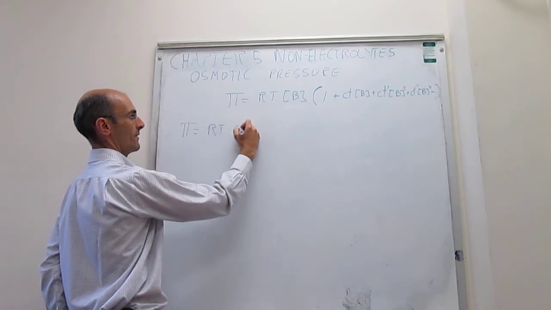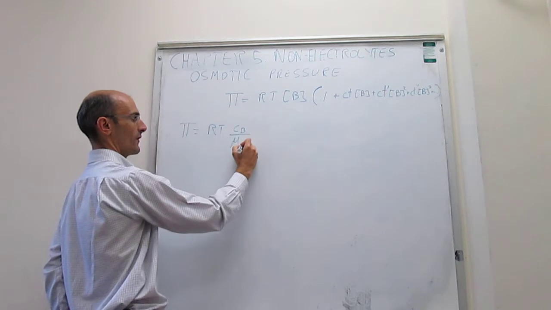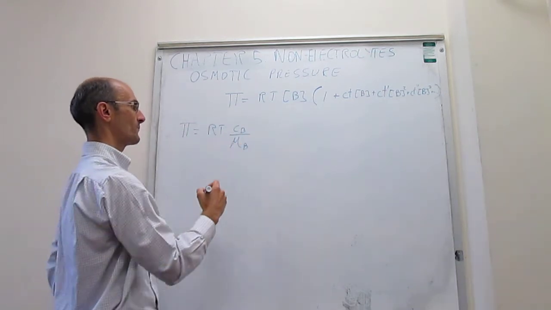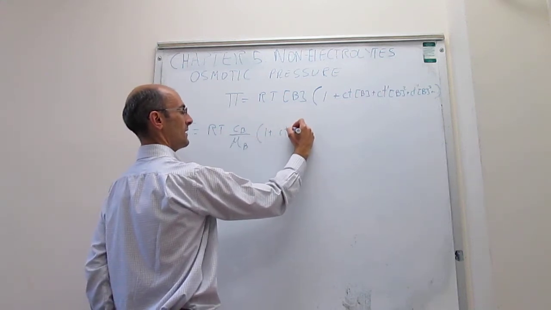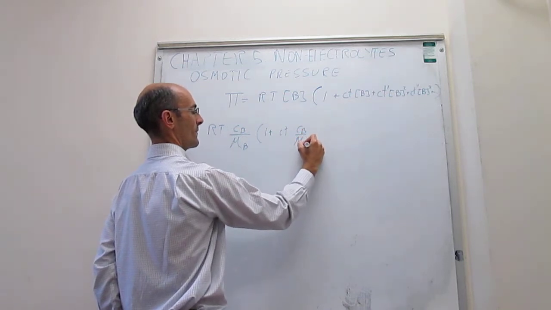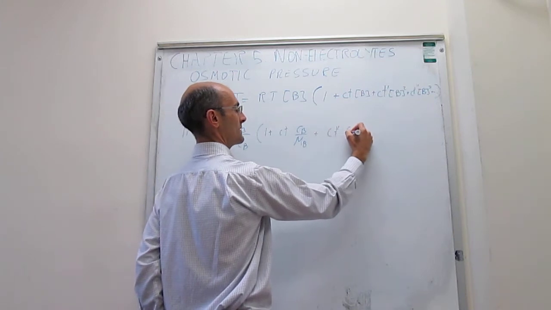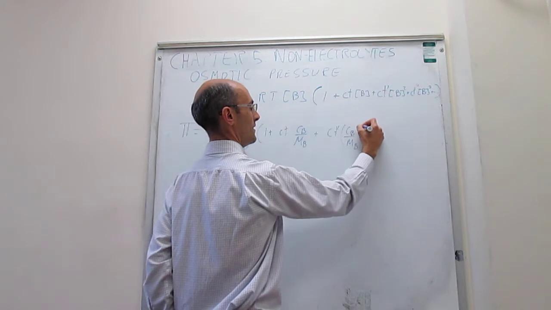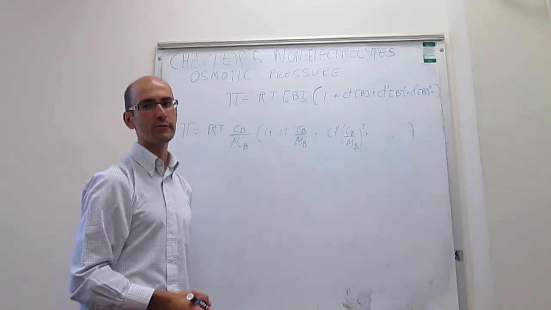Okay, so that molar concentration is equal to the mass concentration, C sub B, over the molar mass of the solute. Okay, and this is going to be equal to 1 plus this constant times the mass concentration of B over the molar mass, plus this constant prime times C_B over molar mass squared, plus more terms, cubic, quadratic, and so forth.